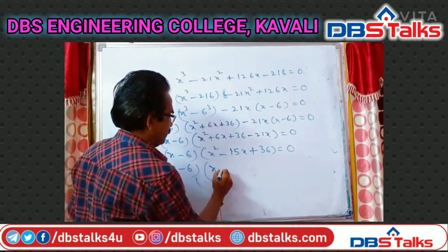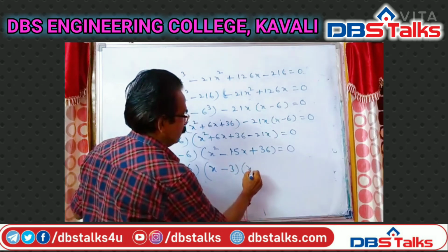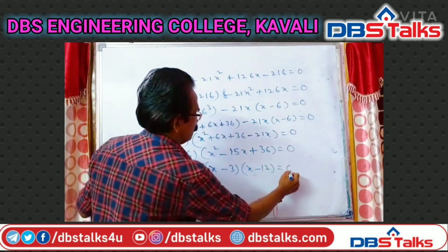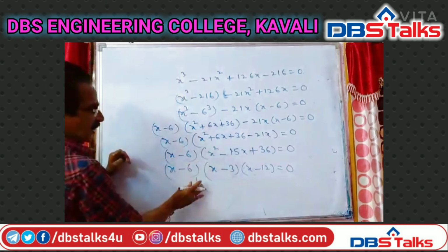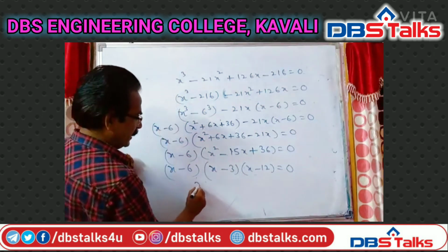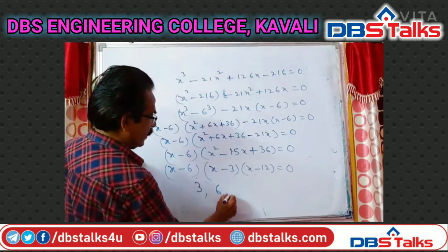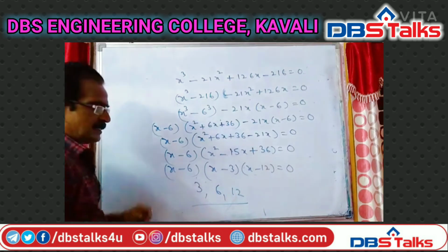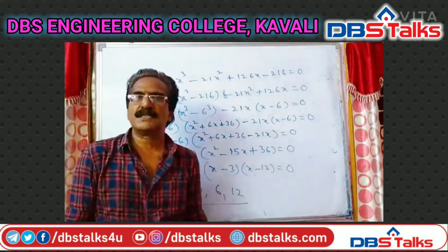So x minus 3 into x minus 12 is equal to 0. So the roots of this polynomial are 3, 6, 12.